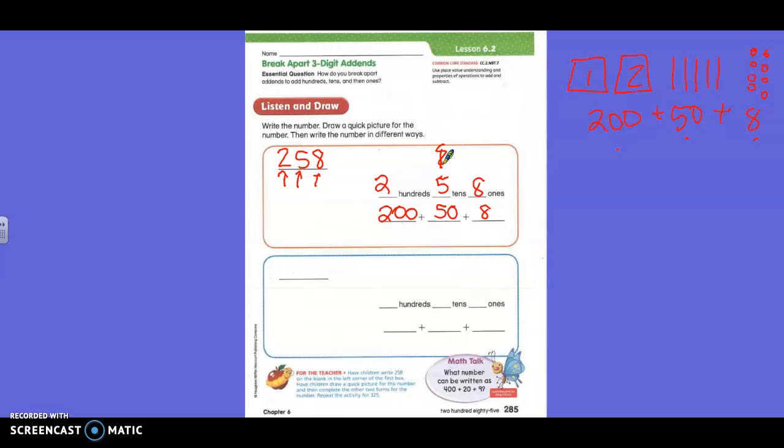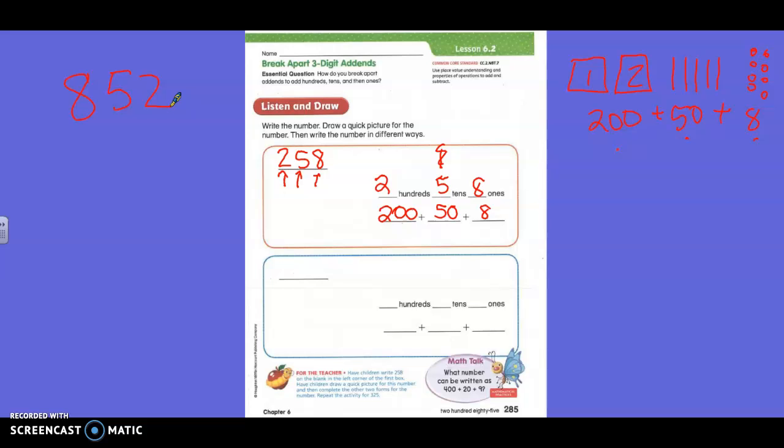Alright. Let's do the next one. I have a question for you. Suppose the digits 2, 5, and 8 were used in a different order. Instead of 258, what if it was 852? Are the values of the digits the same as their values in 258?